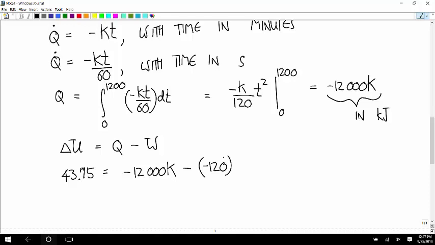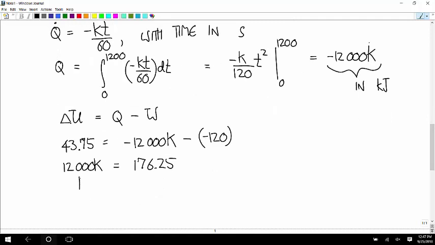And so for part A, the first thing we want to do is solve for that constant K. So 12,000 K is equal to 120 minus 43.75. That's 76.25. And so K is equal to 0.0146.